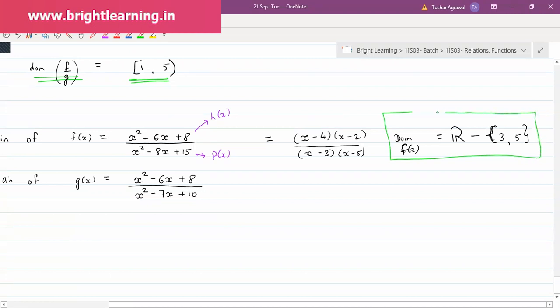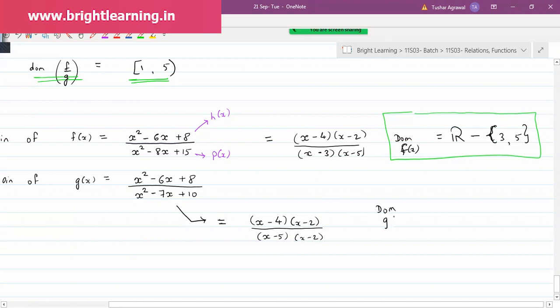Now, what about the second one, g of x? Just to confuse you, this second fraction that I've given, if you factorize it, the numerator turns out to be x minus 4 into x minus 2, and the denominator turns out to be x minus 5 into x minus 2. So what do I do?